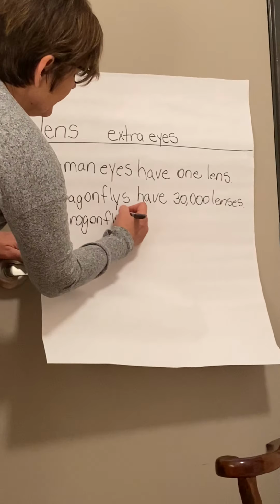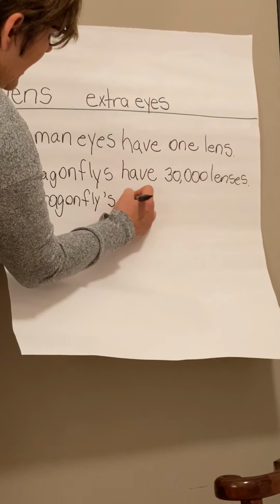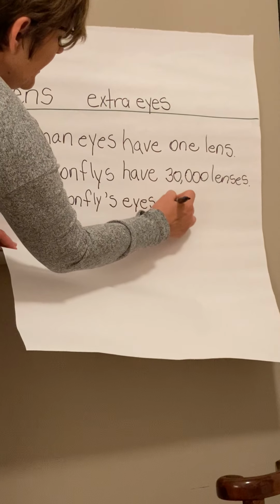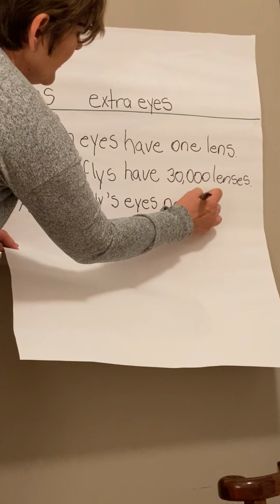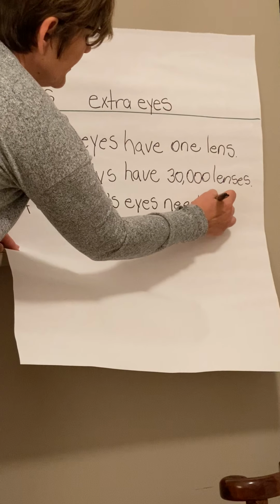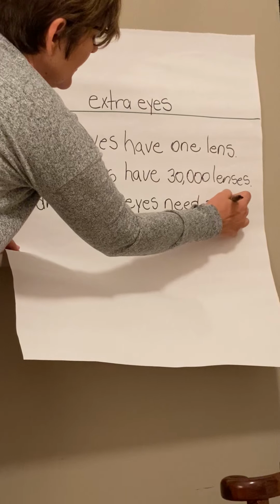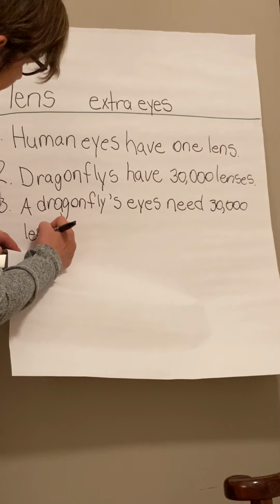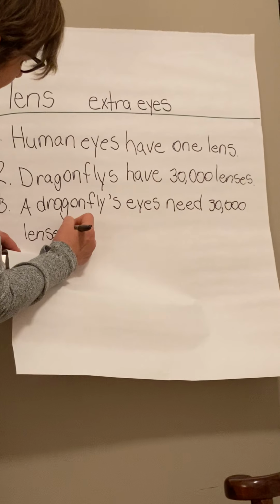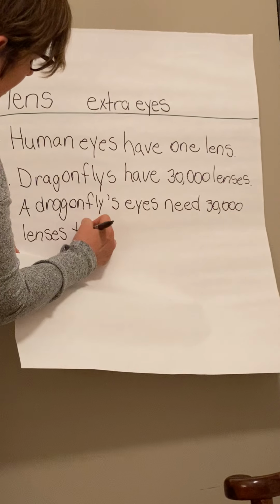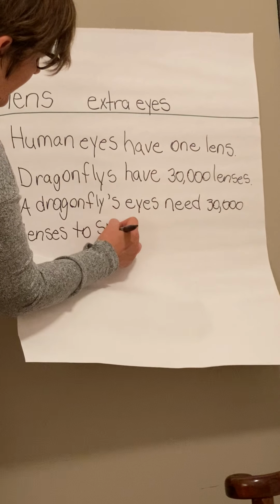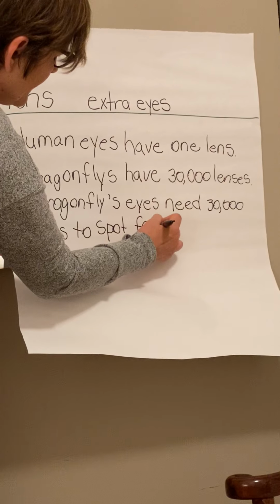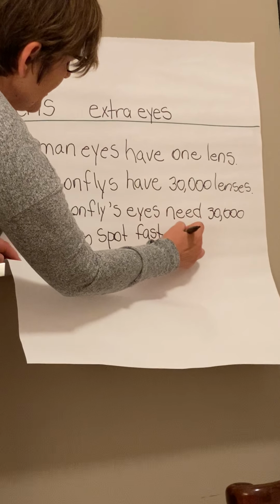Apostrophe S. Eyes need, how many? 30,000 lenses to spot fast movement.